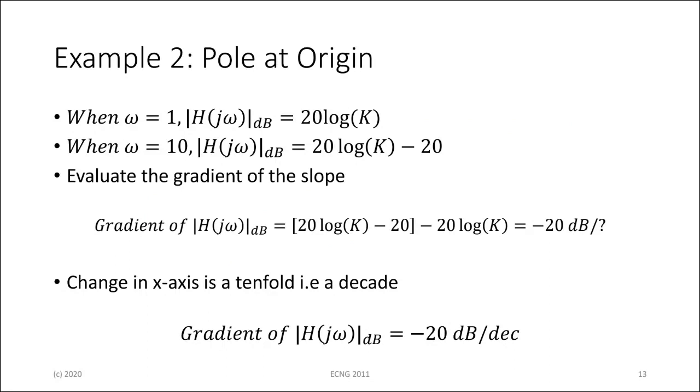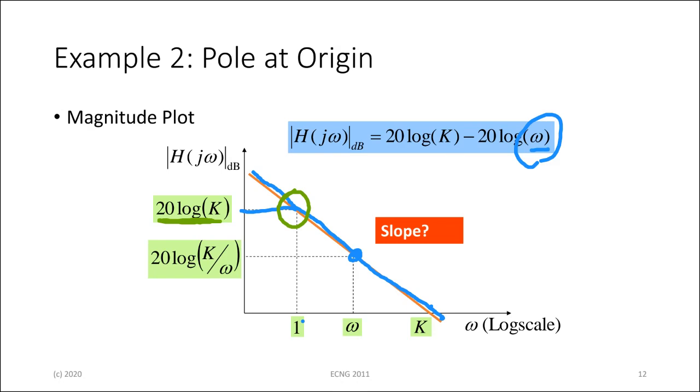When omega is 10, then the value is 20 log K minus 20, because this will be 20 log K minus 20 log of 10, and log of 10 is 1. So that's going to be 20 log K minus 20.